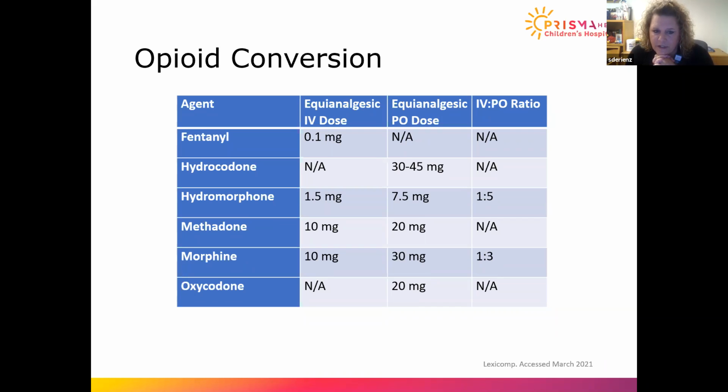We can utilize this chart when we're doing our calculations and converting from one thing to another, either within the same drug, like converting an IV formulation to an oral formulation, or converting from, say, an IV morphine to an oral oxycodone. So this is a great tool to utilize.